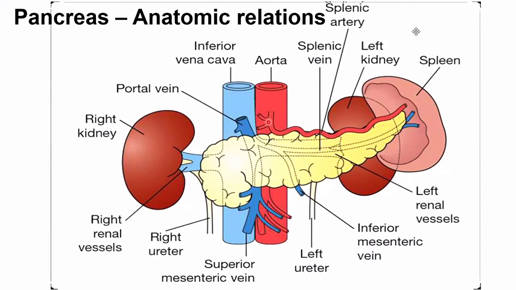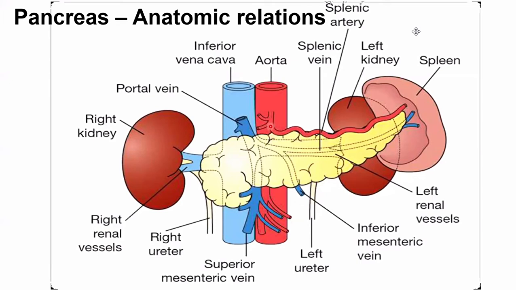So itong celiac trunk gives off the splenic artery, the left gastric artery, and common hepatic artery. Tatlo ito. So mapapansin nyo, the splenic artery, that supplies your spleen, goes above. The celiac trunk lies at the upper border of the pancreas.